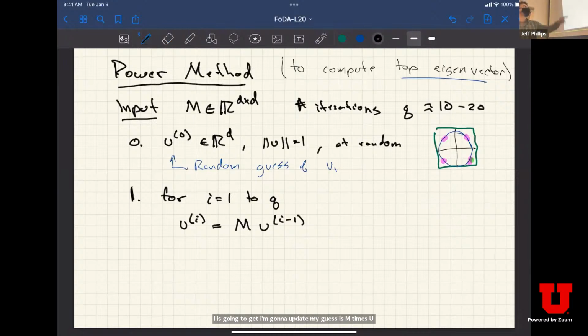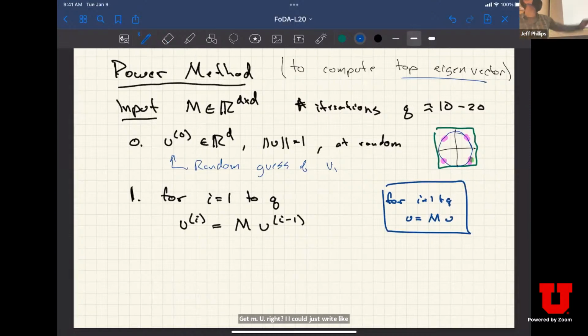I could write this without the indices. If I didn't keep track of the old guesses, I could just write for i equals 1 to Q, U gets MU. But I think it can be a little more explicit using the indices. The only problem is that it's not guaranteed to be a unit vector.